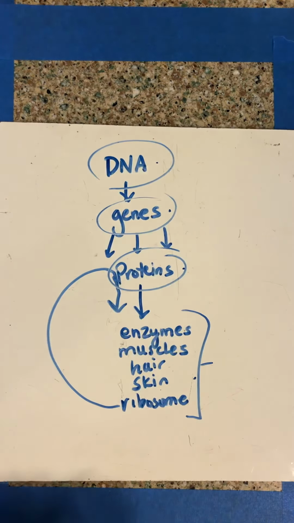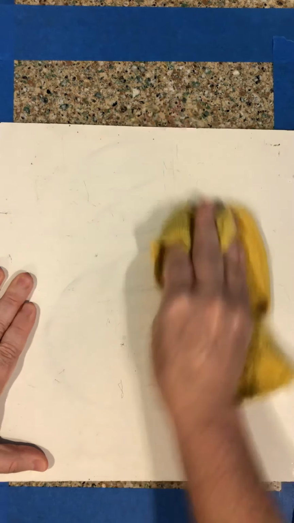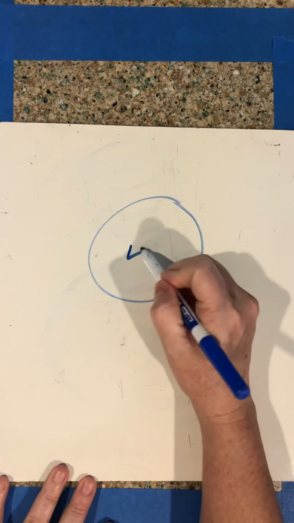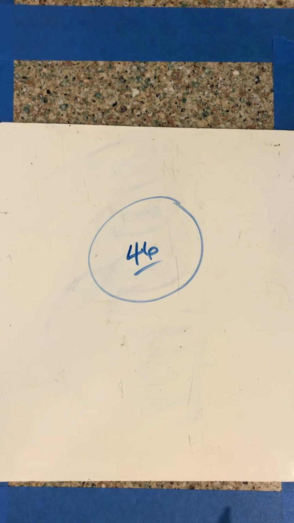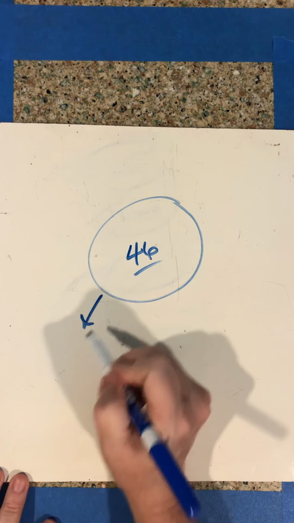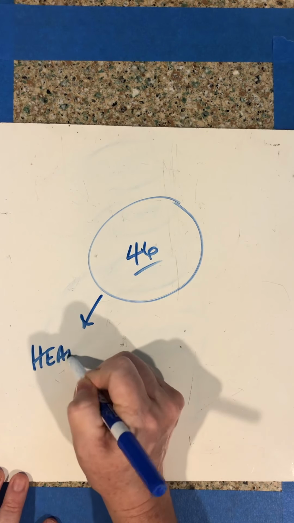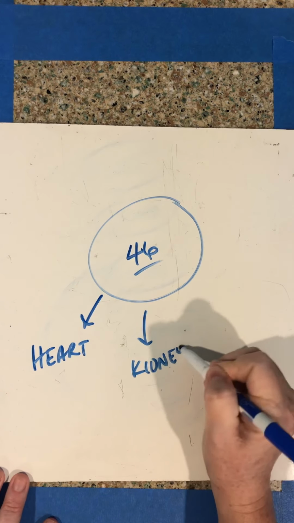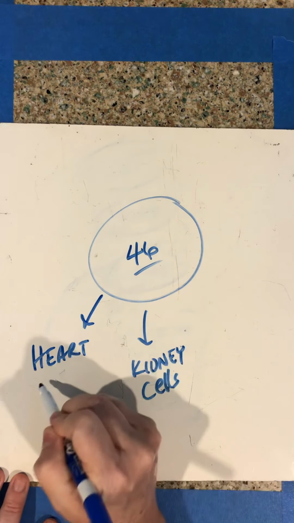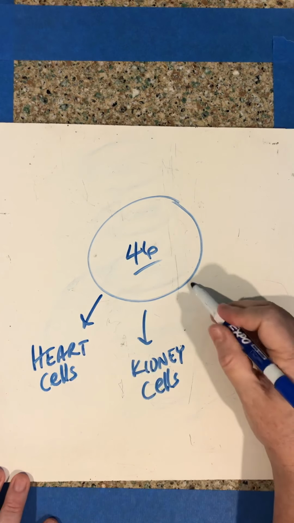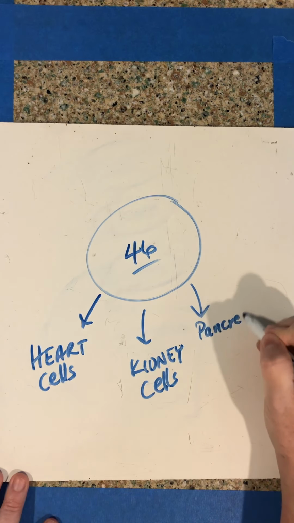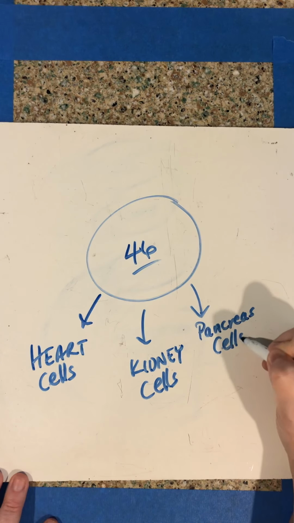But another thing is, every single cell in your body except for the egg and sperm has all 46 chromosomes in it. And so in your heart versus your kidney cells, so heart cells, kidney cells, and we'll go with, I don't know, pancreas. They all do different things.